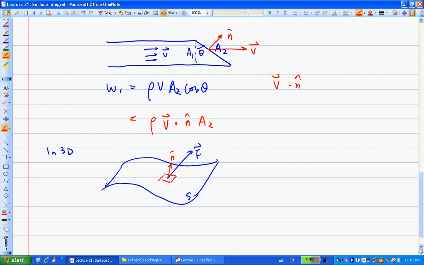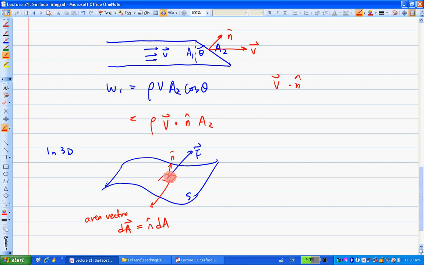Let's call it n hat. I'll use the area vector dA to represent this small area. It's a vector, so it has two quantities: direction and magnitude. The direction will be n hat, and the magnitude will be just its area.